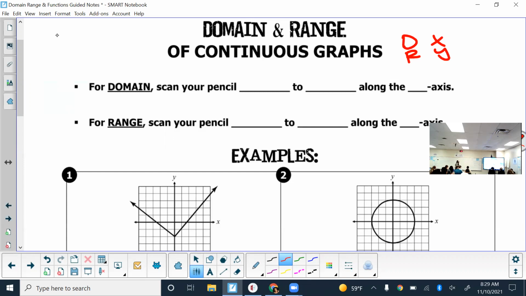For the domain, since it's your x values, you're going to scan your pencil left to right along the x-axis. Again, domain is all your x's, so scan your pencil from left to right.